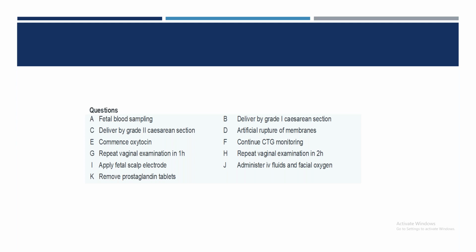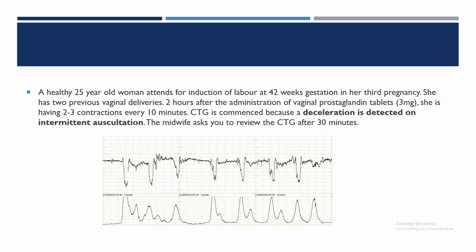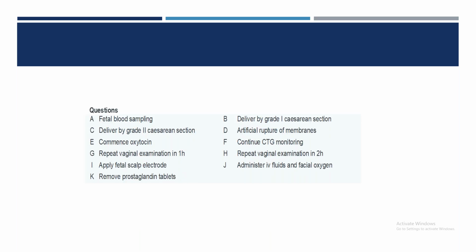Vaginal examination at 2 hours? Why do you want to do a vaginal examination? You are going to examine every 4 hours, no? So even for induction, you have to wait for 6 hours. So continue the CTG monitoring because she is 42 weeks, a post-dated pregnancy. The answer is F here: continue CTG monitoring.